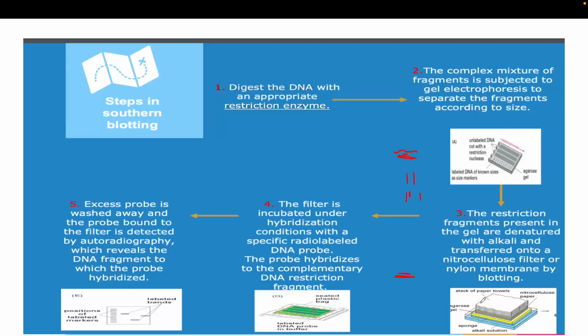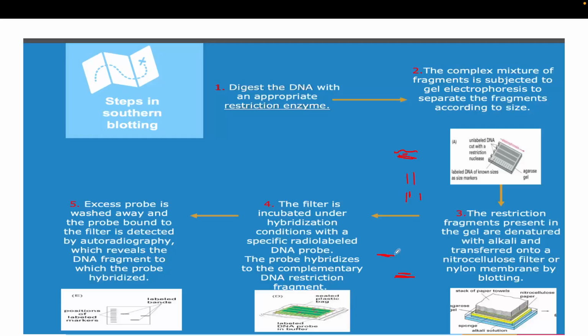After transfer onto the nylon membrane, the filter is incubated under hybridization conditions, in a solution. In this solution there will be a sequence-specific probe. A probe is nothing but a short nucleotide sequence, which is radiolabeled, or fluorescence labeled, or chemiluminescence labeled.